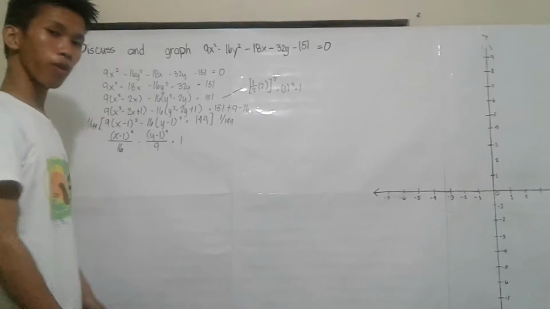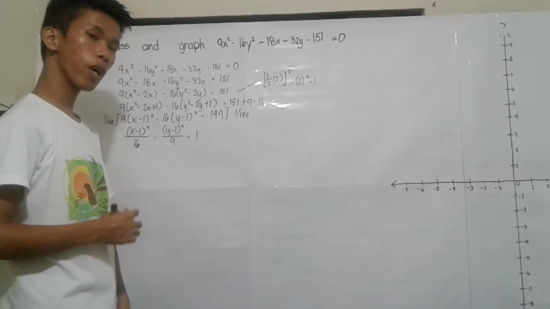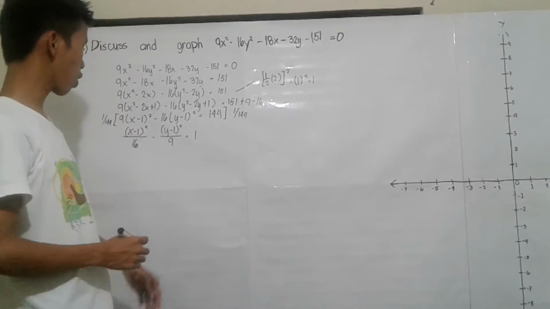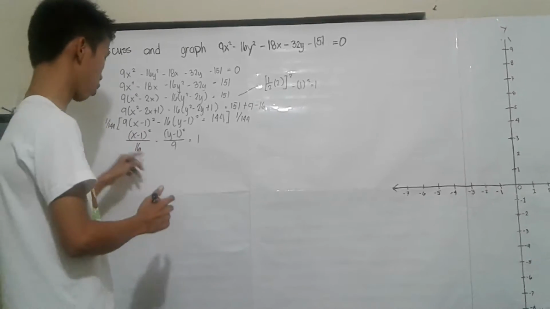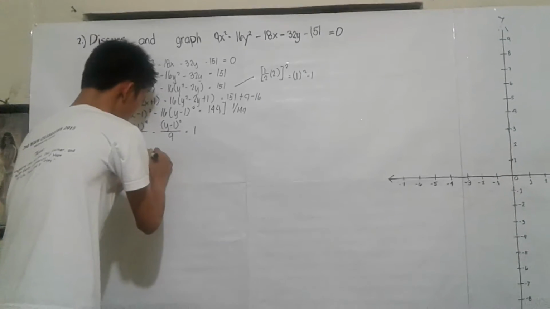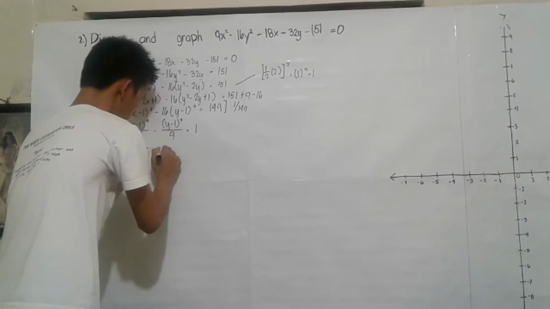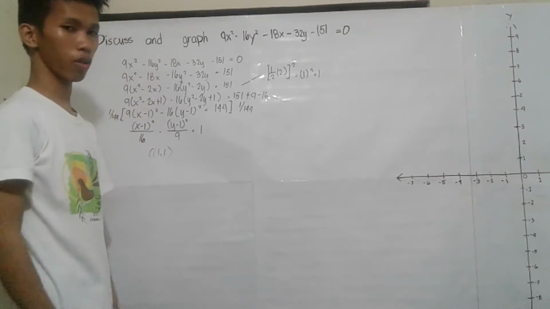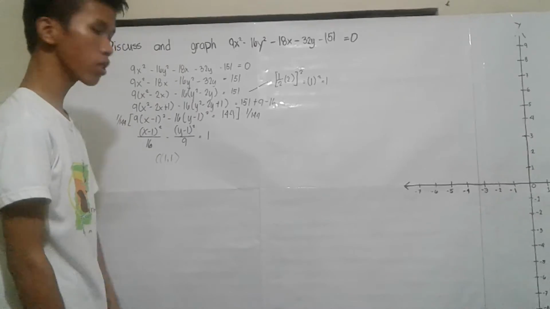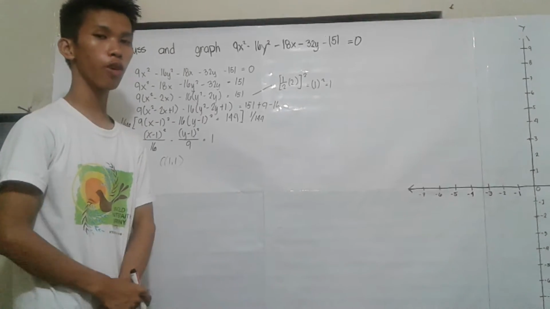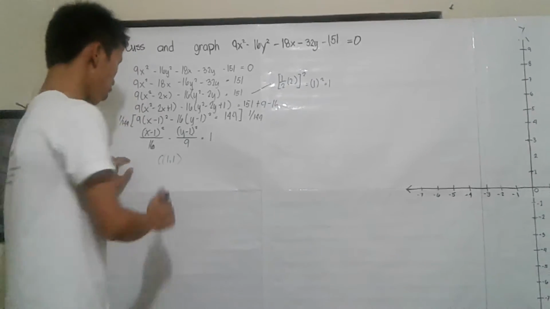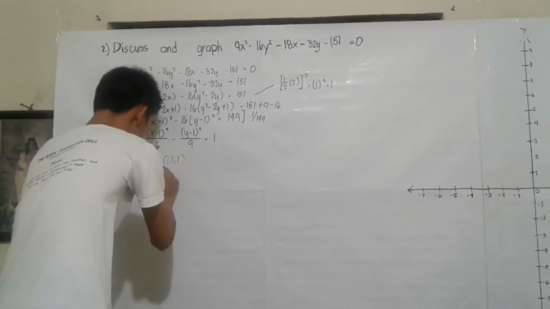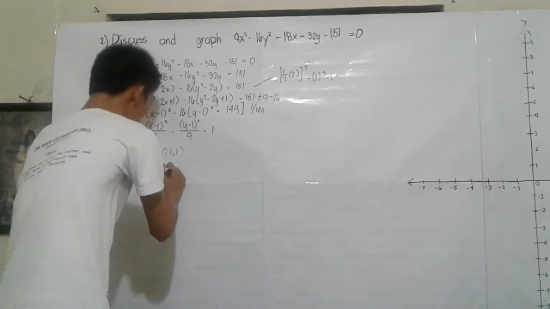So now let's find the points of our center. So our center is the opposite of this x and this y, which is 1 and 1. So next, let's find out the values of our a, b, and c. So our a squared here is 16.